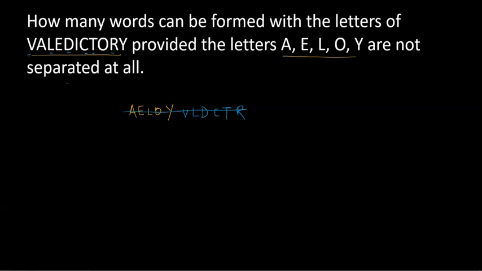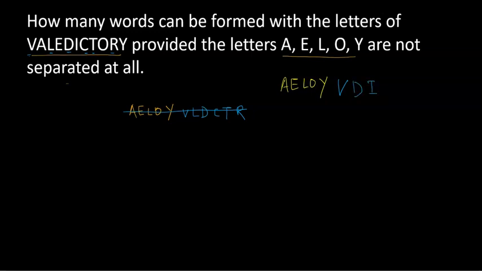So I've got A, E, L, O, Y sticking together, and I'm going to mark it with another color. What are the left letters? V is not a part of this. A is a part of this. Then L is a part of this. E is a part of this. D is not a part of this.